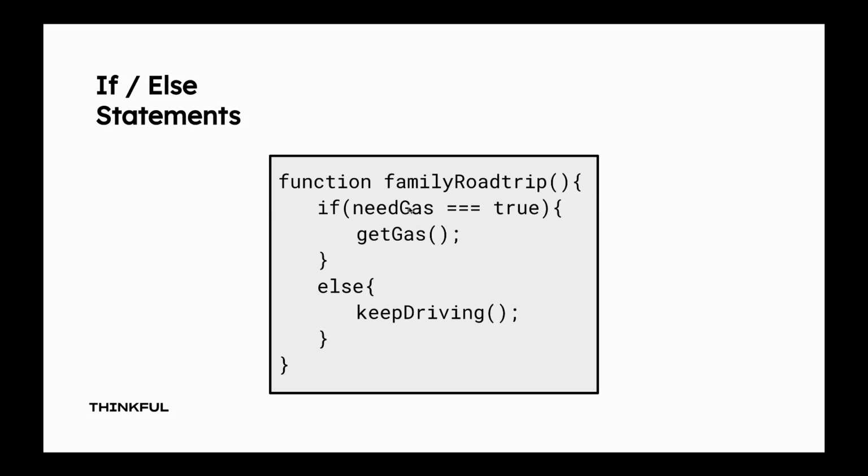So this is saying, does need gas equal true? And a conditional is always going to evaluate to either true or false. It's either going to be yes or no. That's the only thing a conditional will ever be evaluated to, just a yes or no. So we say, does need gas equal true? If yes, then run this. Otherwise, do this thing.